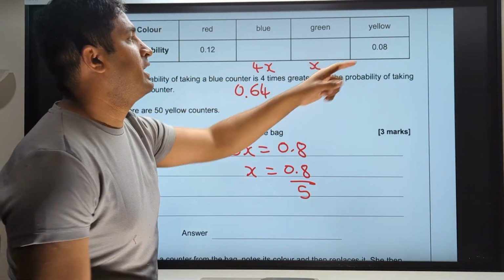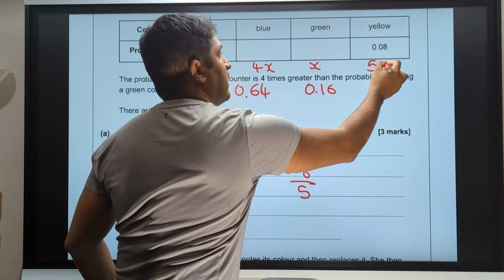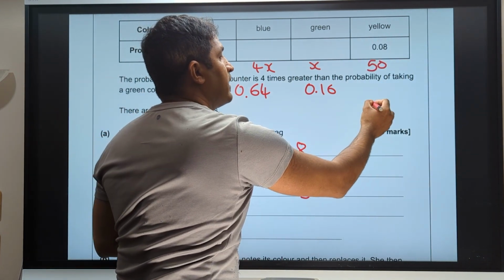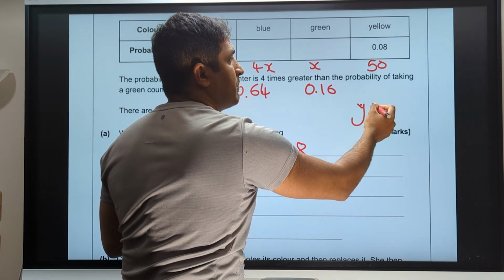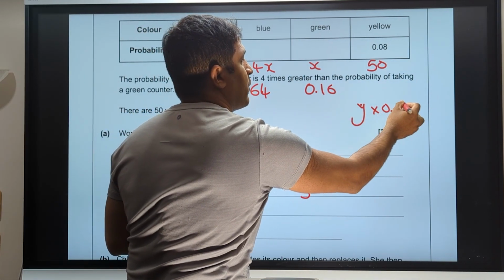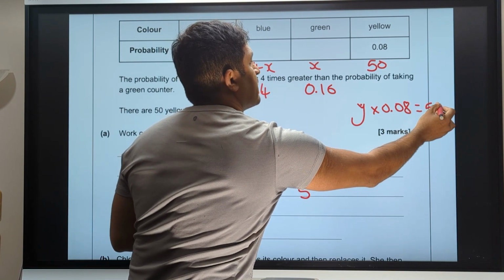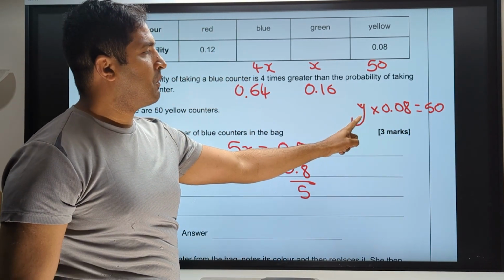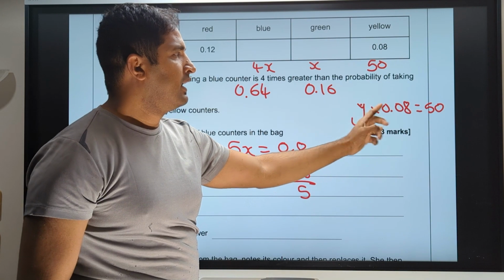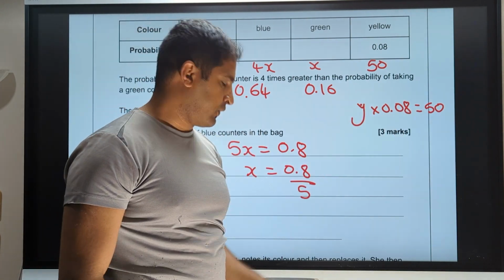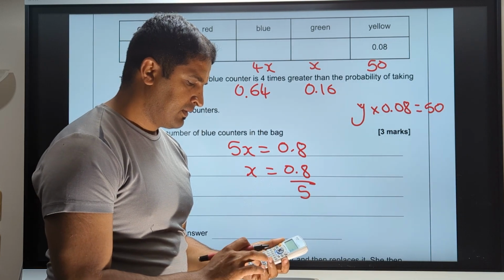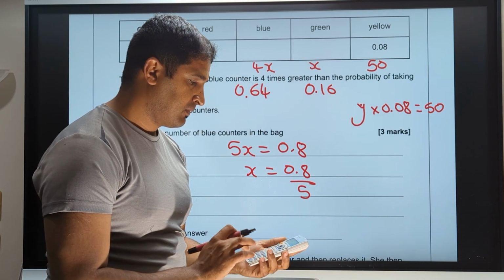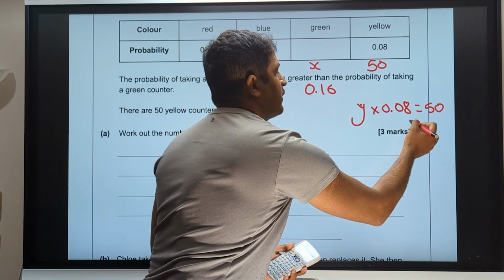Let's say these are 50 here. What we're saying is some number, the total, let's call it y, multiplied by 0.08 gives me 50. How do I work out this value y? Divide both sides by 0.08. So 50 divided by 0.08 gives me 625.